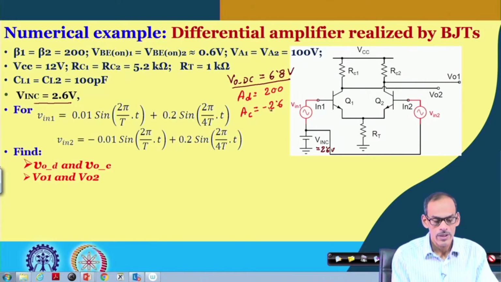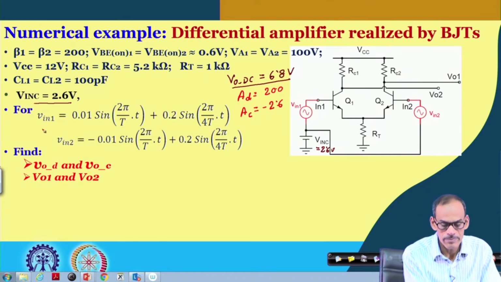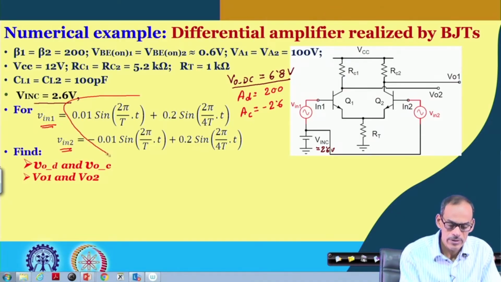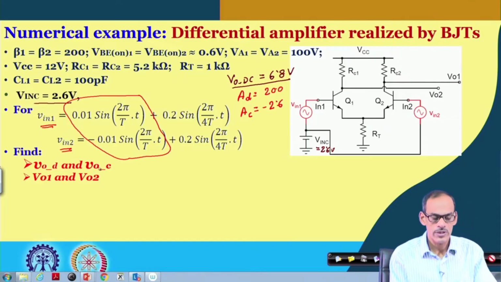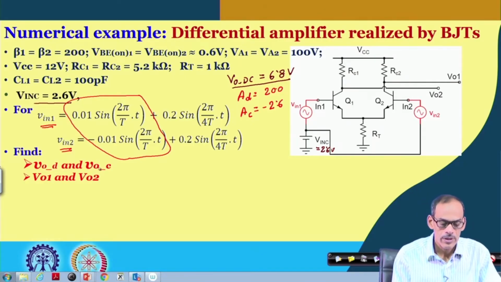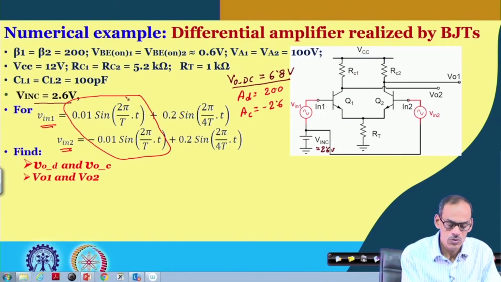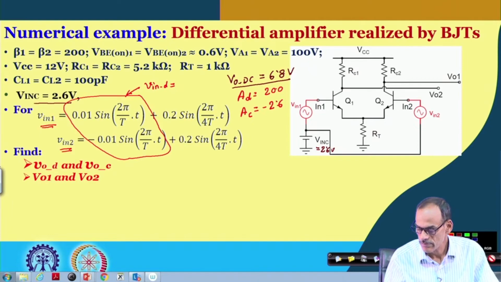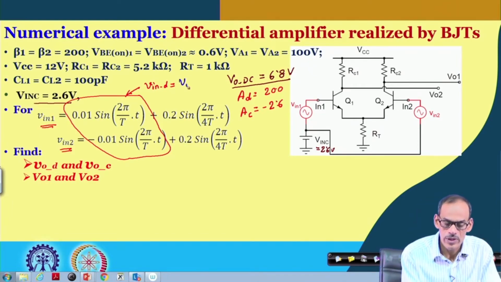Now, here we do have the V in 1 and V in 2, and this part is similar to our numerical examples associated with the macro model. So, this is giving us V in D equals to V in 1 minus V in 2.